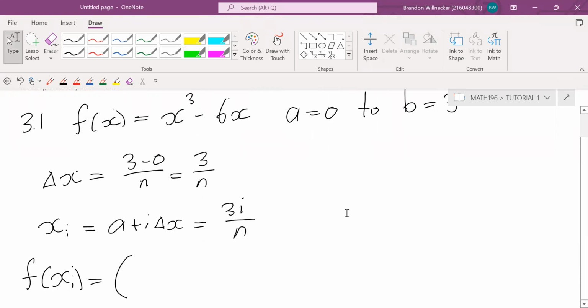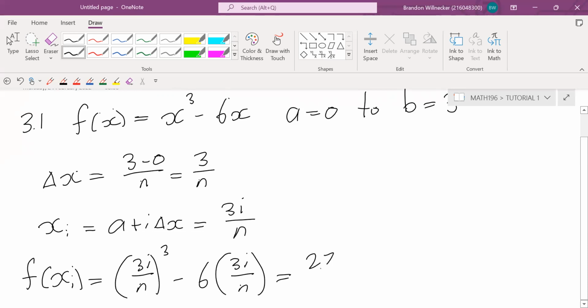It was x cubed minus 6x. So that's going to be 3i over n cubed minus 6 times 3i over n. And we can simplify this to 27 over n cubed, i cubed, minus 18 over n times i. Okay, so we've just simplified that so that we can use it later on.